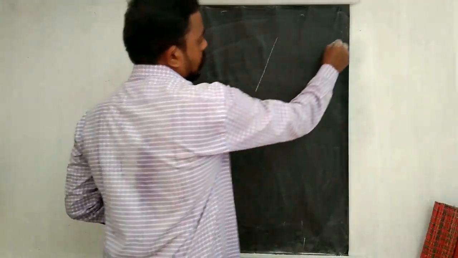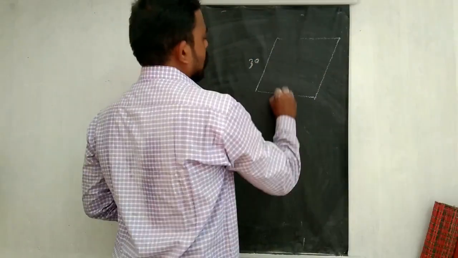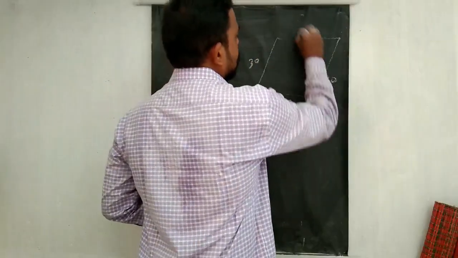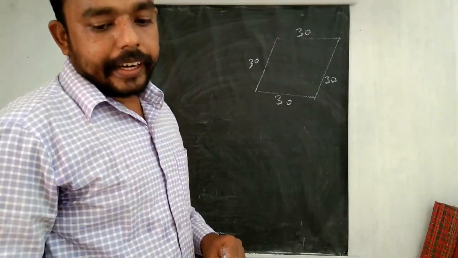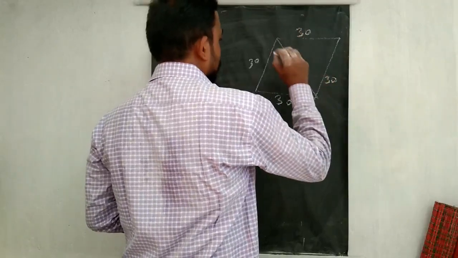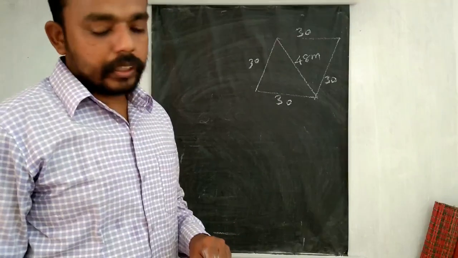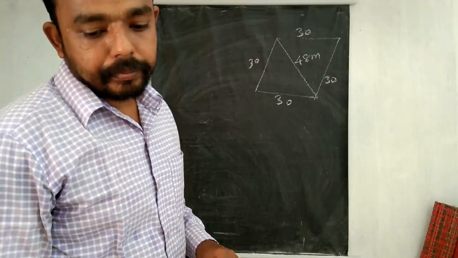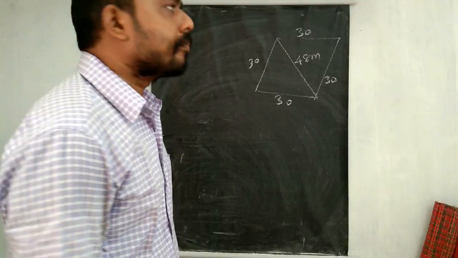Suppose this is the rhombus, with sides 30, 30, 30, 30. The longer diagonal is 48 meters. How much area of the grass field will each cow be getting?